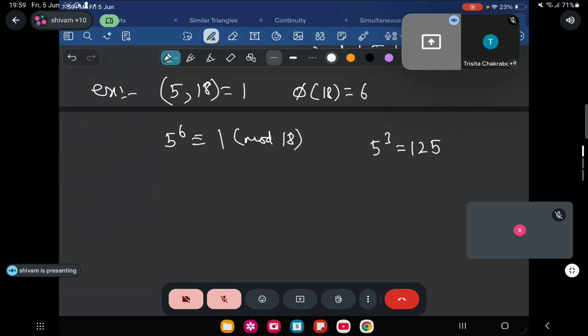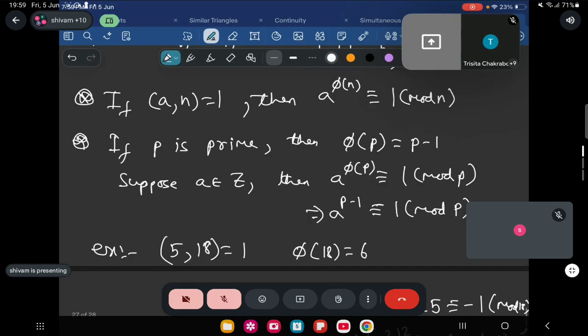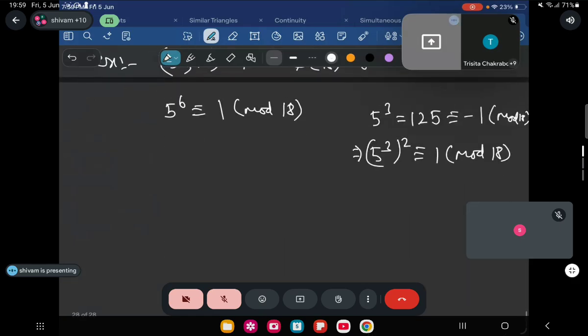Tell me quickly. Minus 1. This is congruent to minus 1 mod 18. So when you raise the power by 2, we'll get 1 mod 18. Are you getting it? So it will always work. You can check with some other numbers also. You'll get the same result.